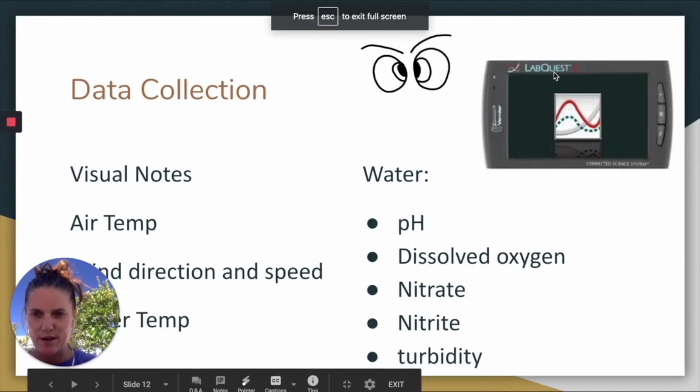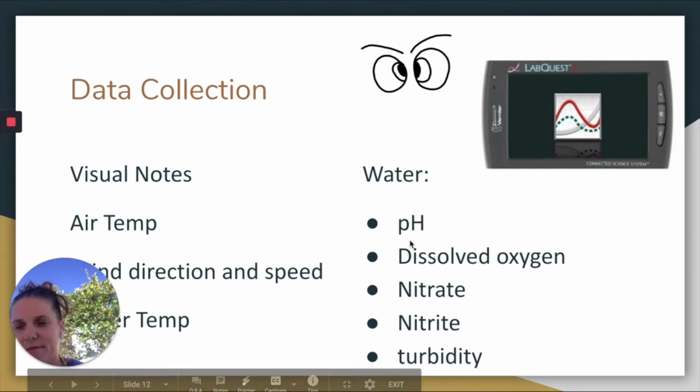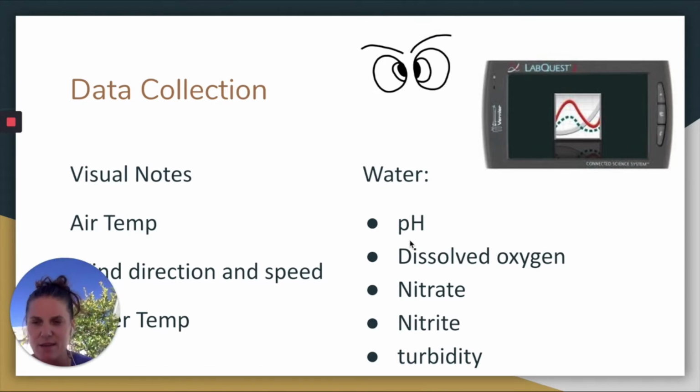Okay, so for the data collection, we're going to be taking notes of what we see visually around us, anything that would be of concern with the area, and what we're noticing as far as wildlife or traffic, or any pollution or anything you can see around the area that might cause the water quality to be different.